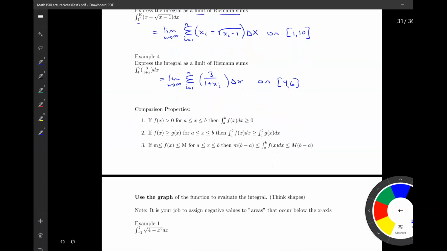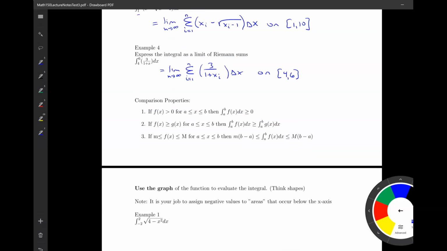All right, I had these earlier, just wanted to remind you of them. Remember, if the function is above the x-axis, then the integral will give you a positive number.